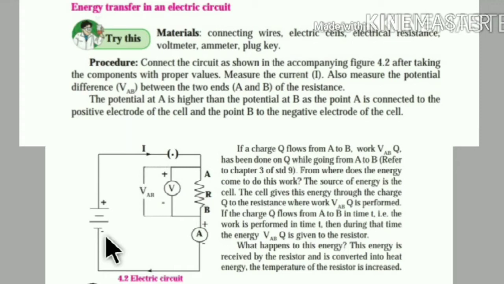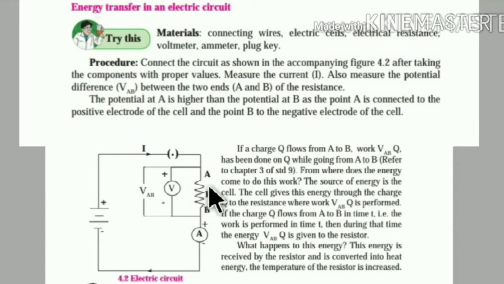We are joining here the cells. Then here is the resistance, from point A to point B. Then in parallel there is a voltmeter, and here is the ammeter. Here is the key.